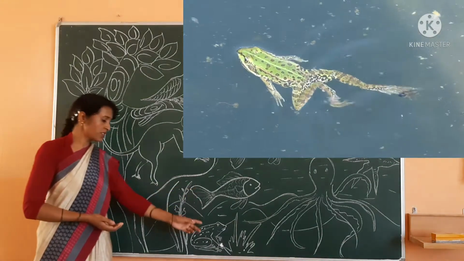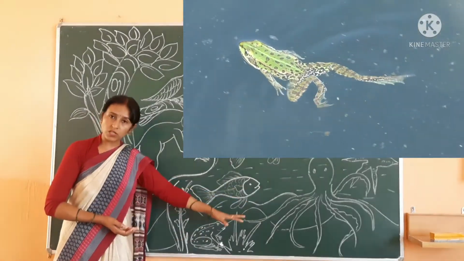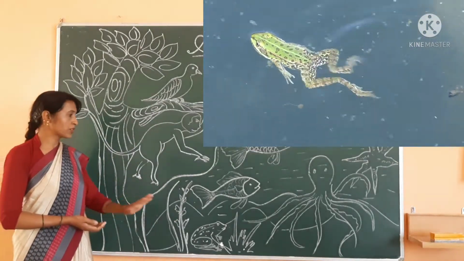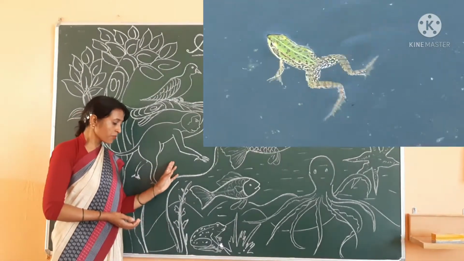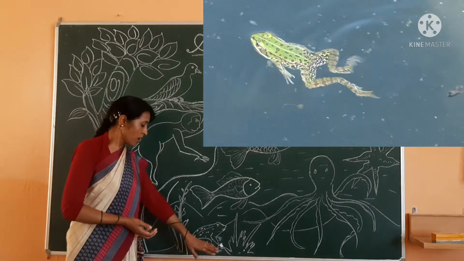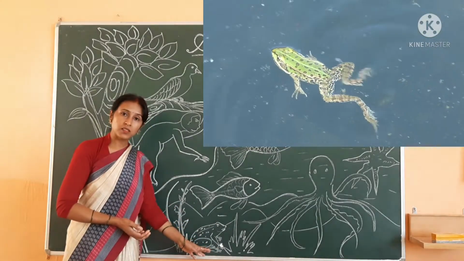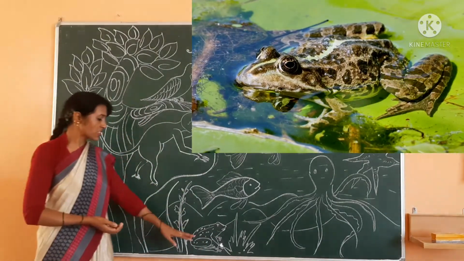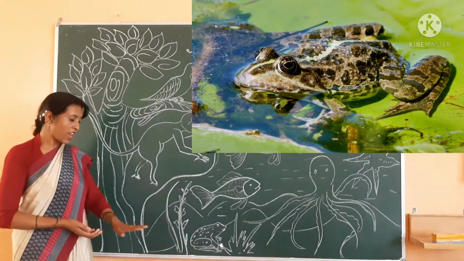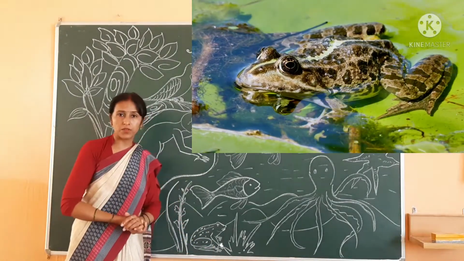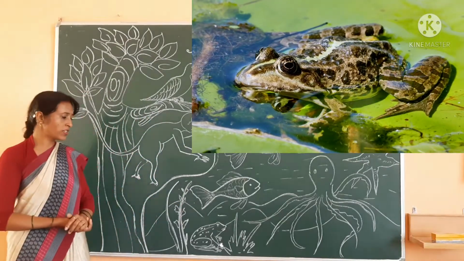After that, they have strong back legs. Frogs jump, so with the help of those strong legs, they easily jump. So there are three adaptations found in amphibians.